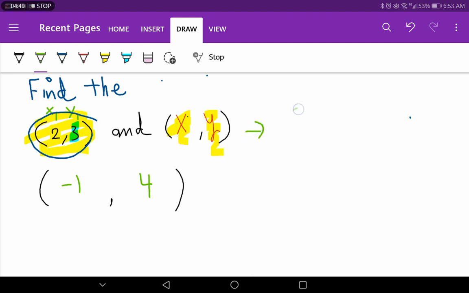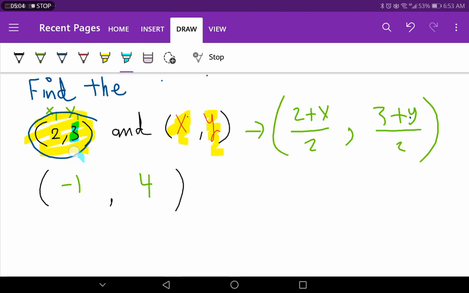So you write 2 plus x over 2, comma, 3 plus y over 2. What I did here, I just added the x's together and the y's together over 2.